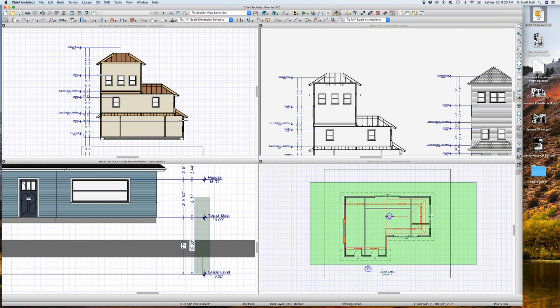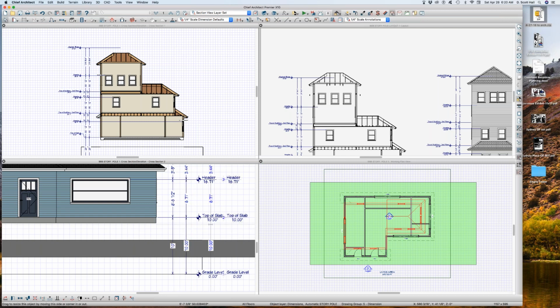Now, you understand that these things are automatic. But look at this outer dimension. Those top of slabs run with it. So if I come over here and do this, I get another marker point.